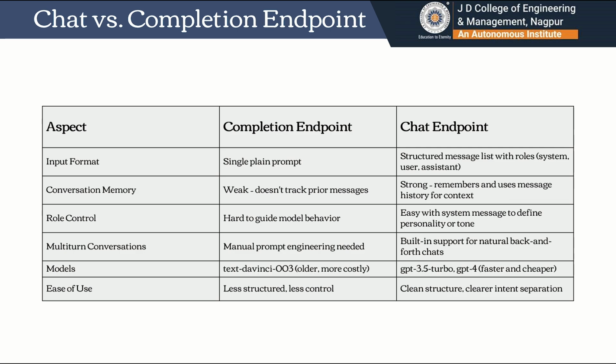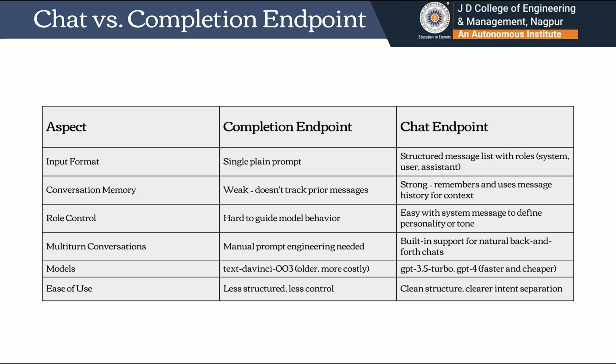The chat endpoint uses GPT 3.5 Turbo and GPT 4, which are newer, more advanced, and much more cost effective. And last is ease of use. The chat endpoint has a clean structure and makes it easier to define the intent behind each part of the message. Completion, by contrast, is less structured, which can lead to inconsistencies or unclear behavior.